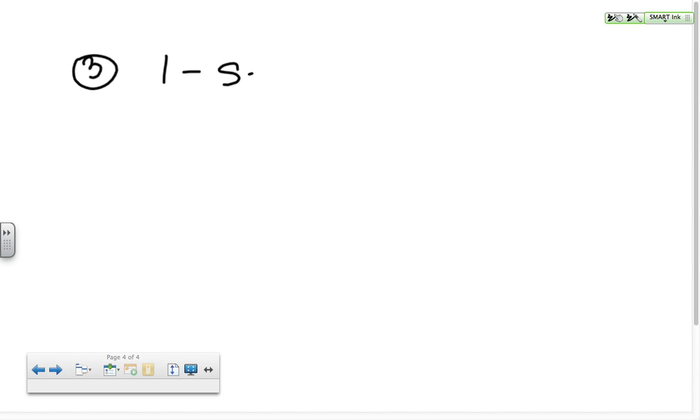1 minus the secant squared of t. All right. Now, on this one, we're going to the 1 minus the secant squared of t. If you remember back to, or if you look back at your Pythagorean identities, there's the tangent squared t plus 1 equals the secant squared t.